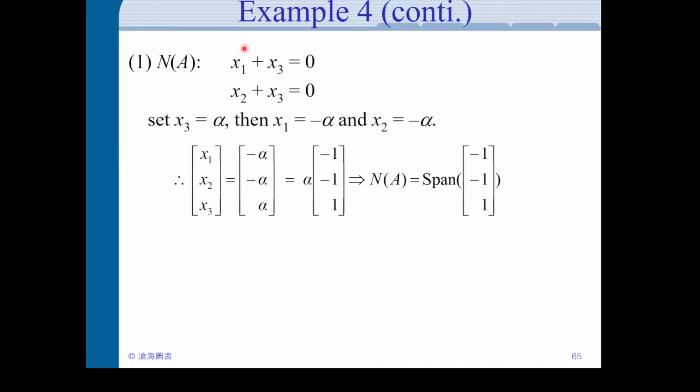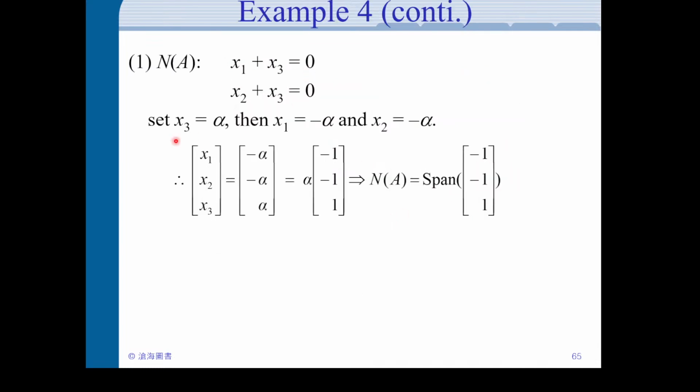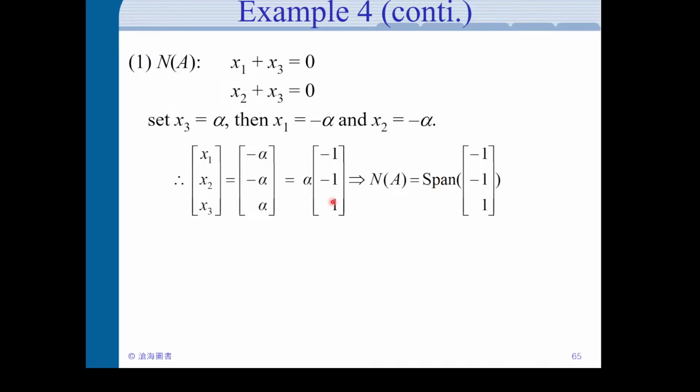First we find the null space of A. We have this equation, this times something equal to 0. So x1 plus x3 equals 0, and x2 plus x3 equals 0. We have x3 as a free variable, and we write x1 and x2 as both minus x3. So the null space is spanned by (-1, -1, 1).